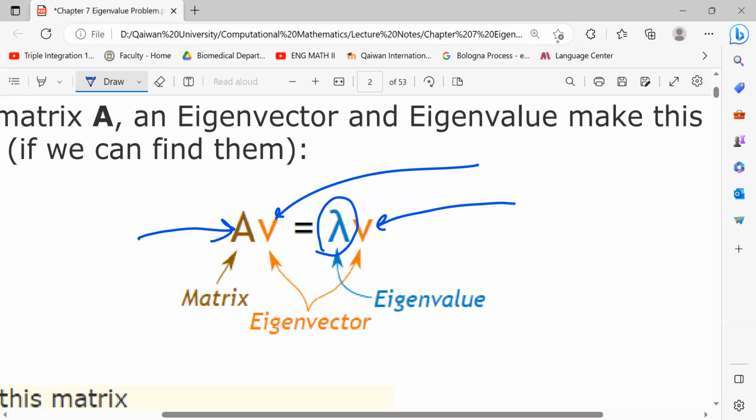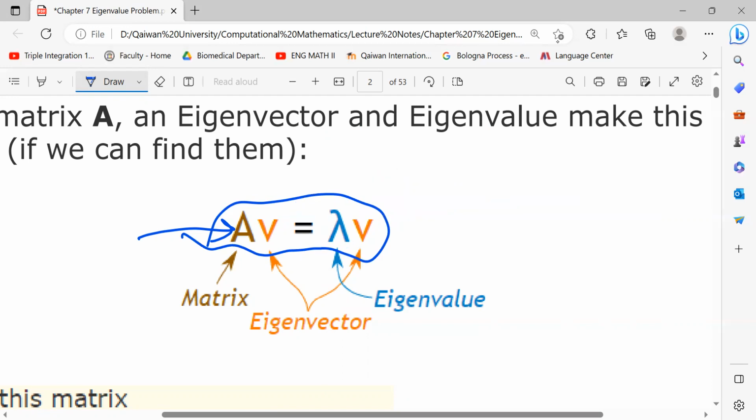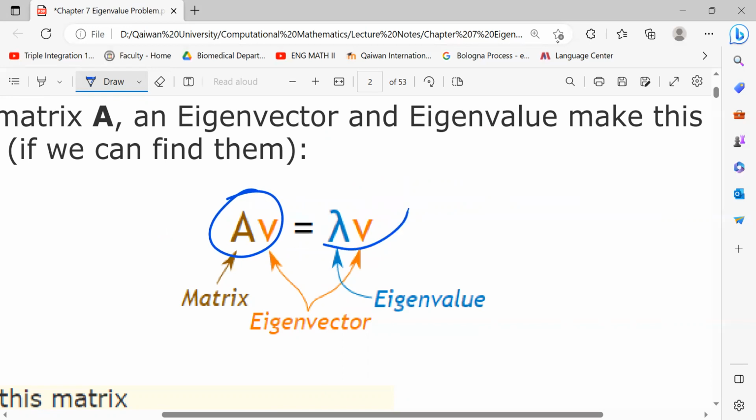It says for a square matrix, if V is our eigenvector and lambda is the eigenvalue, this equation is true. That means if we multiply the matrix by the eigenvector, it equals lambda times V.